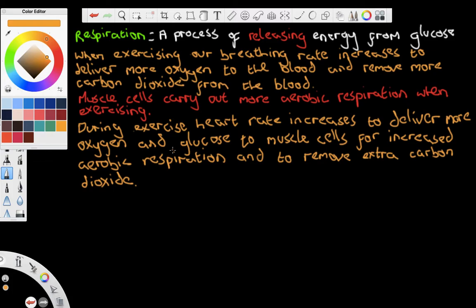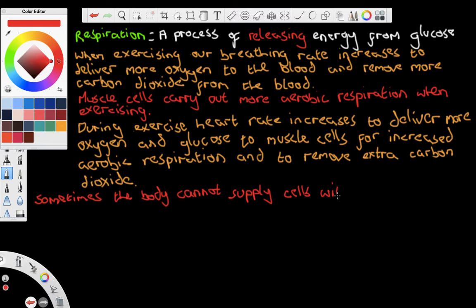However, sometimes your body cannot provide muscles with enough oxygen. So we can say that, and I put it in red because it's important, sometimes the body cannot supply cells with enough oxygen.